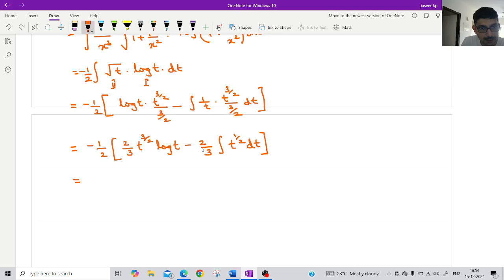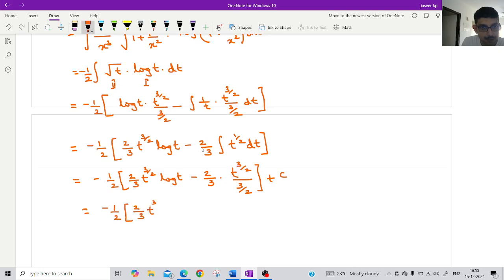So again integrating the second part, 2 by 3 t to the power 3 by 2 log t minus 2 by 3, it will become t to the power 3 by 2 by 3 by 2 plus c. So that is minus 1 by 2 into 2 by 3 t to the power 3 by 2 log t minus 4 by 9 t to the power 3 by 2 plus c.